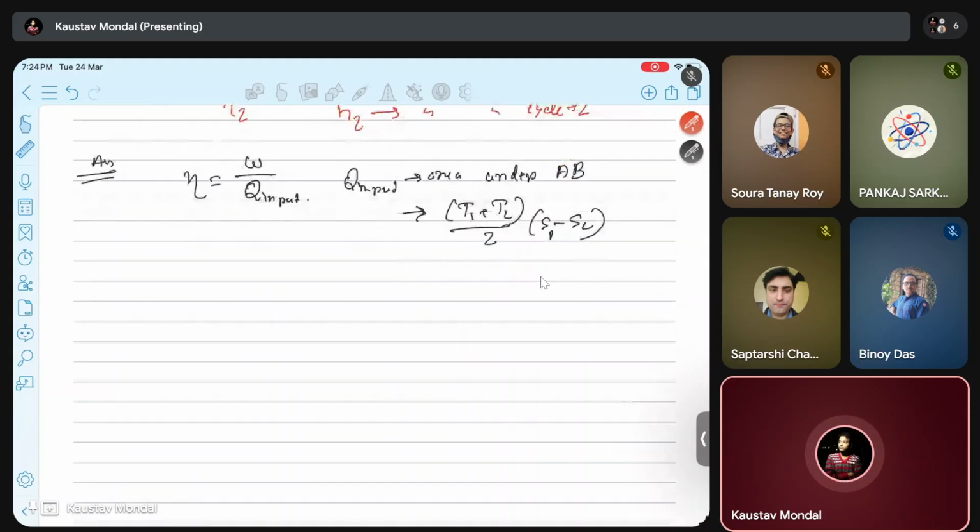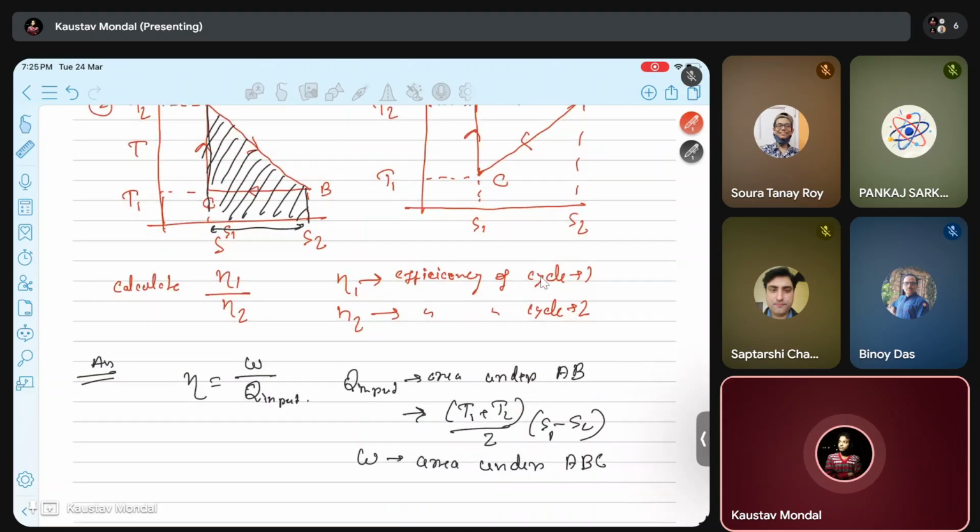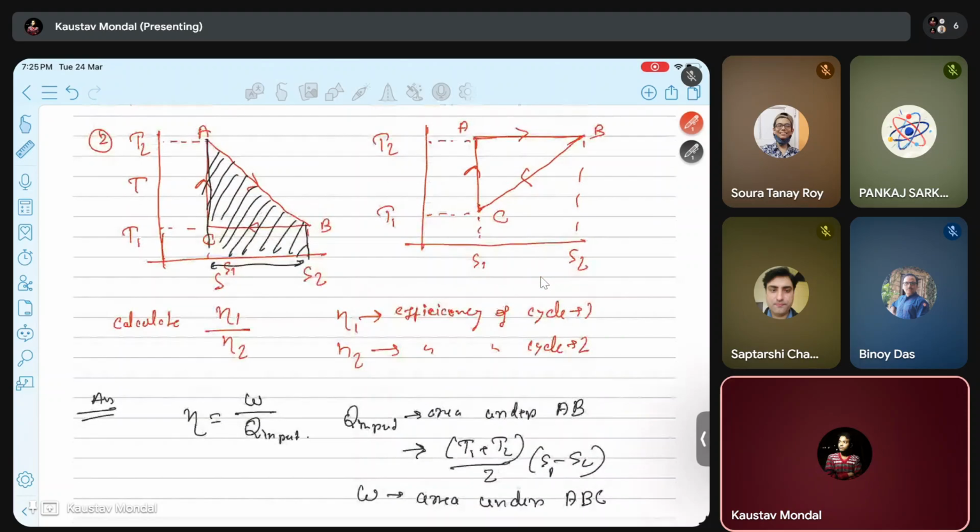And similarly, what is the work done? Work done would be the area under this curve ABC, that is basically the area under this triangle.